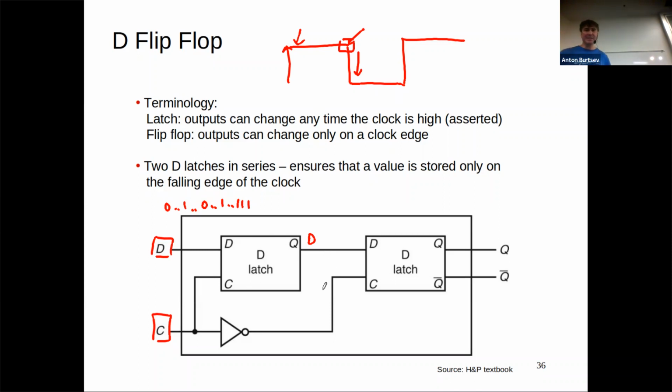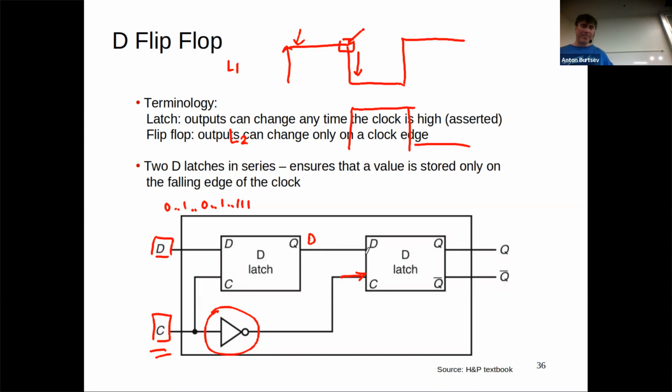And exactly at this point, since we're inverting this clock signal here, this clock becomes high. So this is how the second latch will see the clock. This is latch 1, this is latch 2.